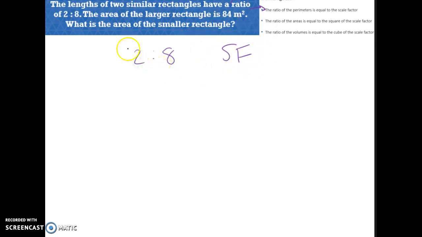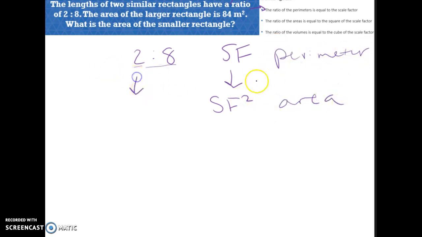Let's take a step back here. If this is the ratio of the perimeters, or the length there, we have to square it to get the ratio of the areas. This is perimeter or length. This is areas. So we have to square it to get back to area. 4 to 64.